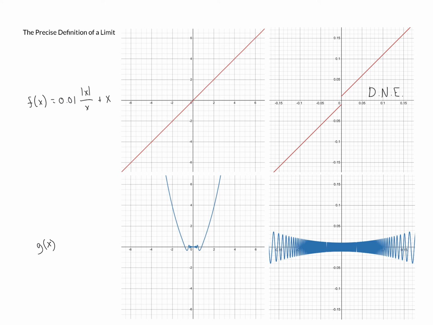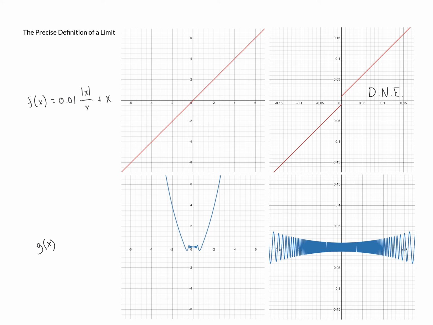But again, we have an issue, and that issue is that this doesn't actually get squeezed all the way down to 0. It looks like the function that's on the top of this, the function above, only goes down to about 0.01, and the function below goes up to negative 0.01, and this is still oscillating between those values.